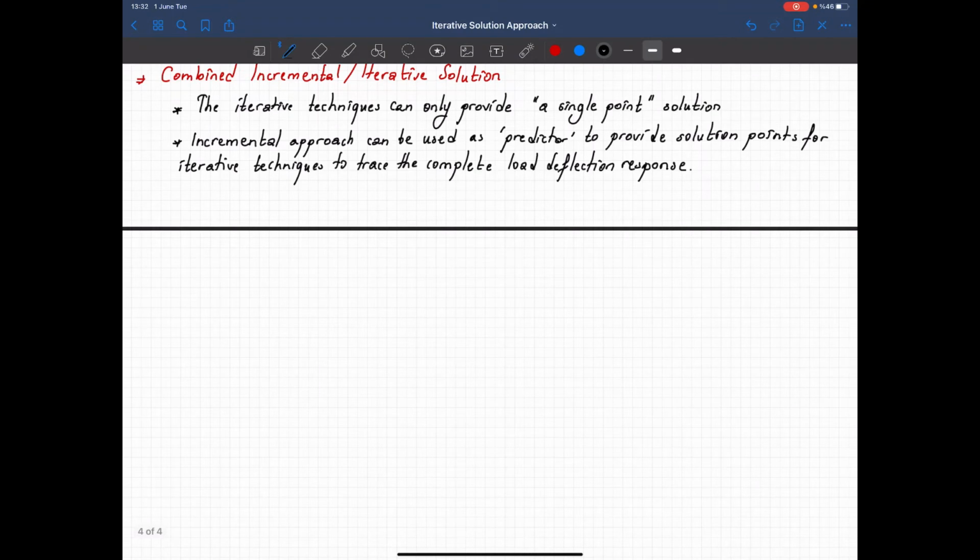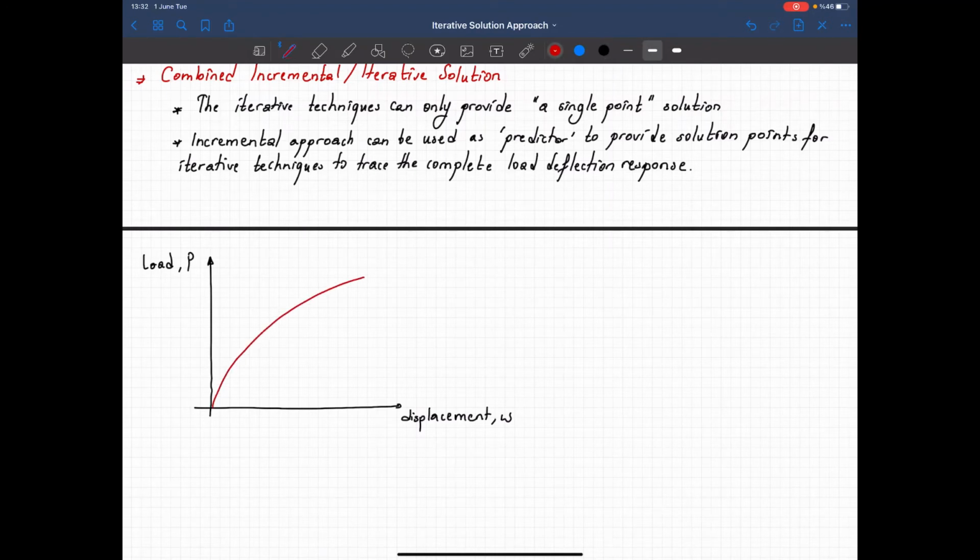So let's take a look at what we meant here. Again, this is the load, that axis is the displacement. Again, I want to trace that load deformation curve.